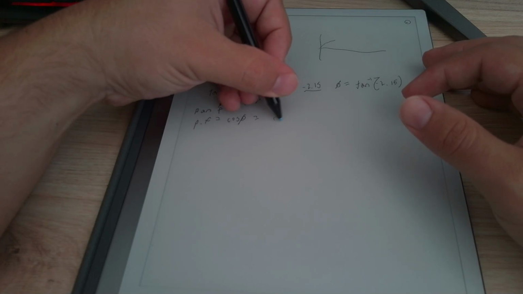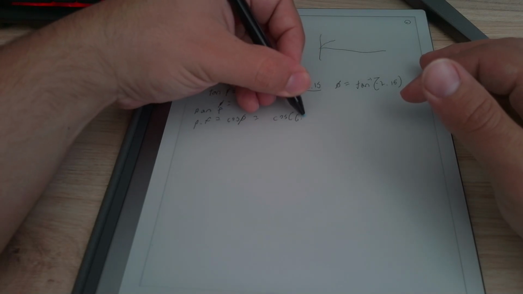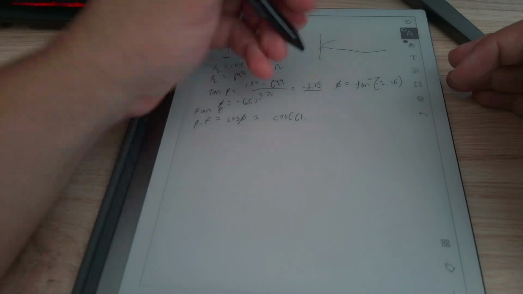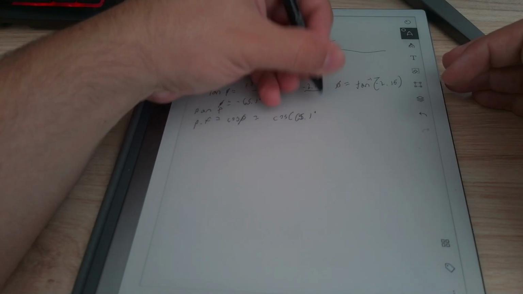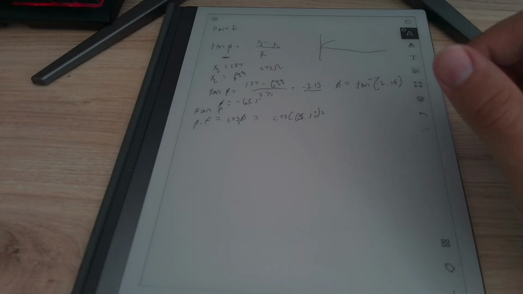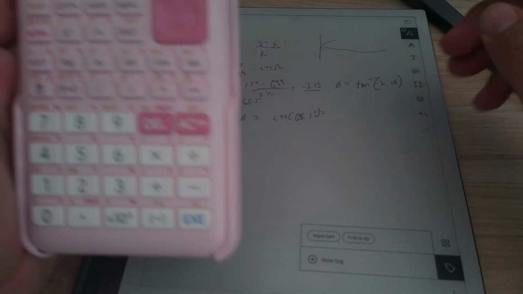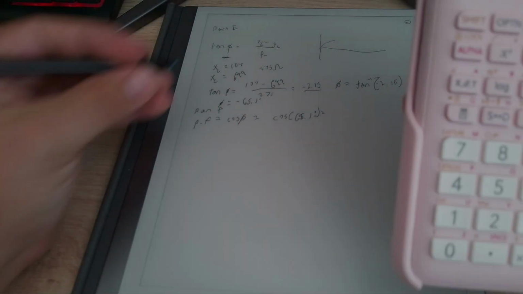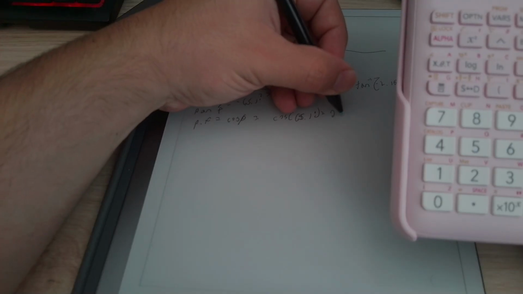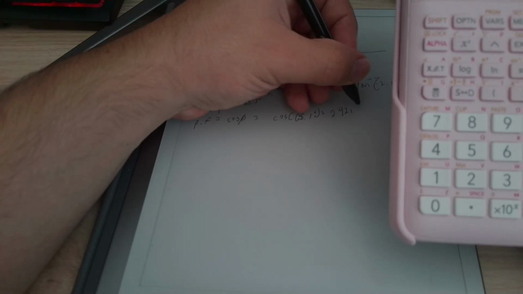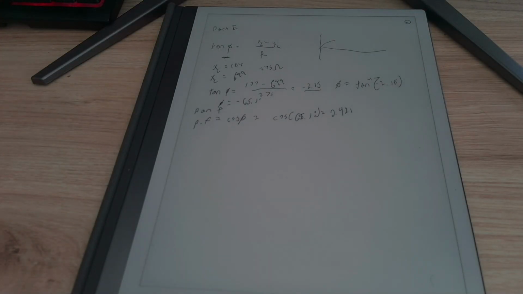We're going to just put in cosine of 65.1 degrees. Put it in a calculator and we just find the power factor. So our power factor is 0.421. Let's keep moving on.